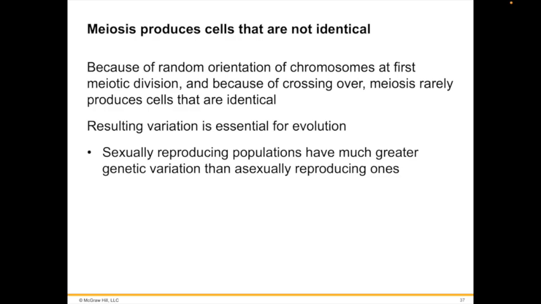The resulting variation is essential for evolution and is the reason that sexually reproducing populations have much greater variation than asexually reproducing ones. Meiosis is not only critical for the process of sexual reproduction, but also the foundation for understanding the basis of heredity.